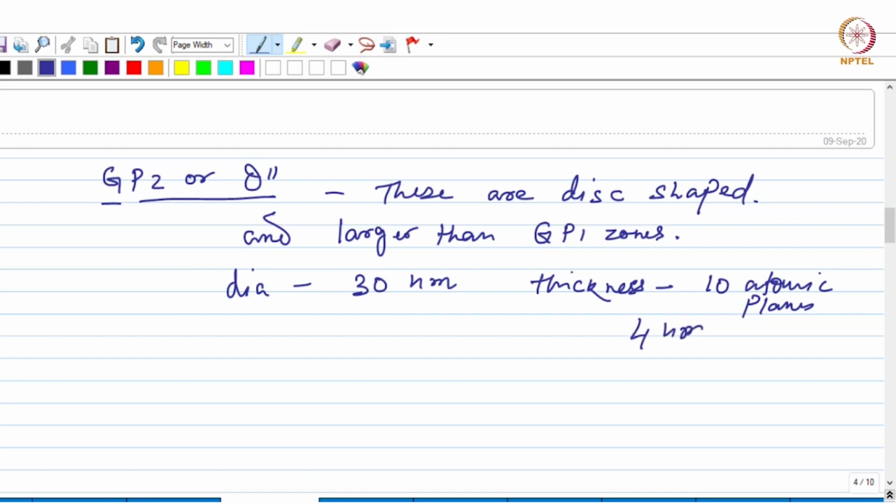That's the thickness. But their number is lesser compared to GP1.